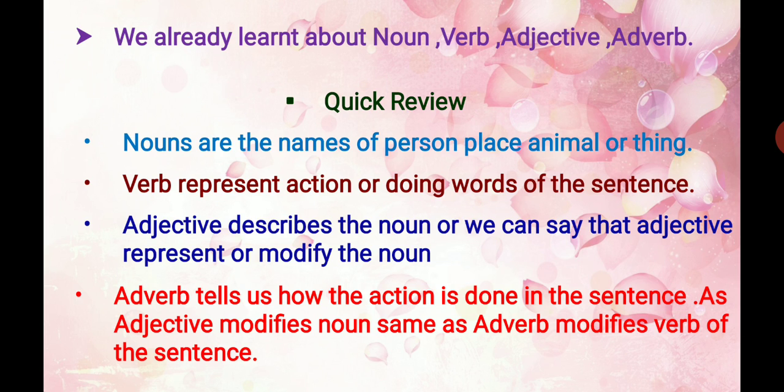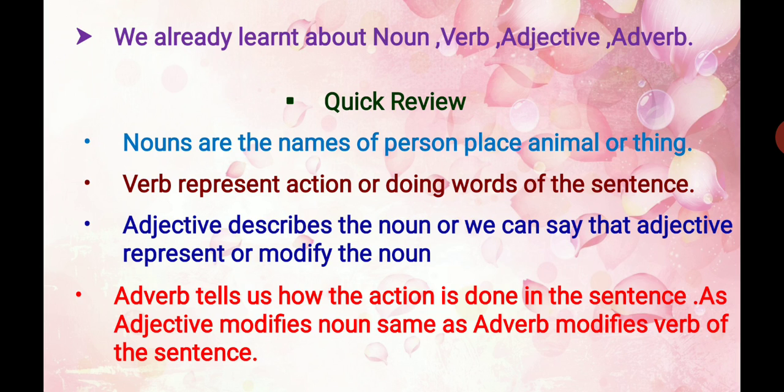It means an adjective tells more about the noun and an adverb tells more about the verb. How the action is done, where the action is done, etc. Understand? I hope you remember all these things.